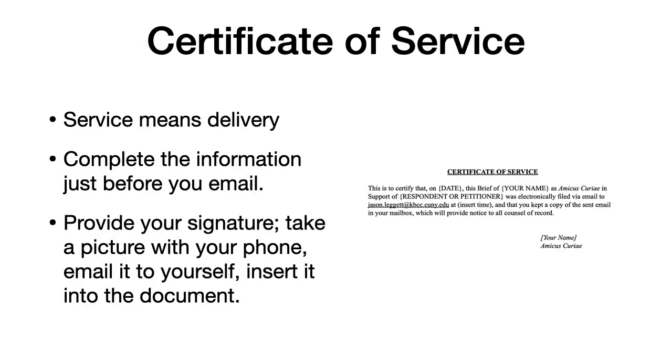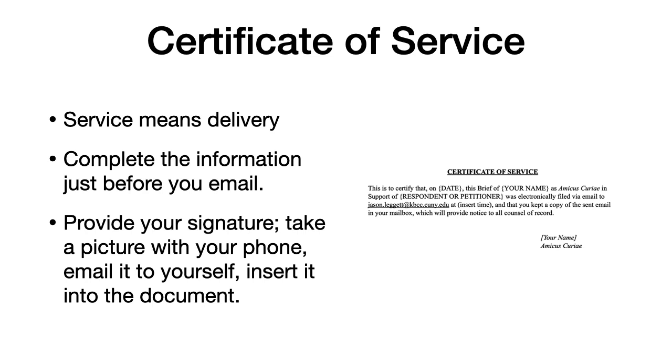And the service, what you're showing me is that you need to basically get the documents all ready, and then you're going to email me your memo, and right before you do that, you're going to fill this in, right? So you're going to say the date that you're sending the email, your name, whether you're responding to a petitioner, and then you're going to tell me what time you're sending that email, right?